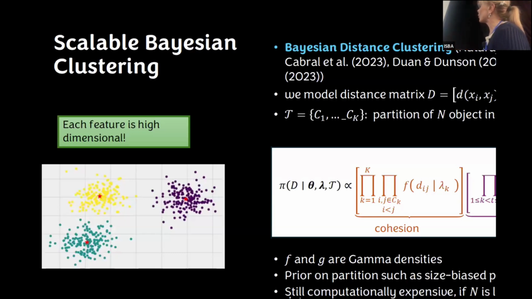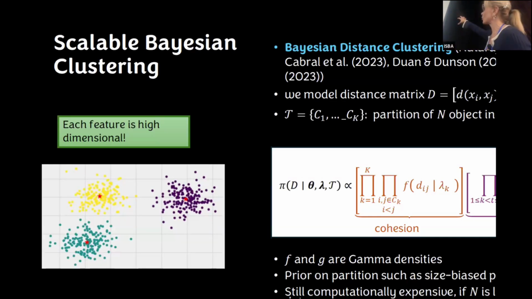So what we did is basically to model the distances by specifying a likelihood for the distances that contains two different terms. The first term, which we call cohesion, which is the red bit, models the distances within the same cluster. And so you have basically a mixture model over there for the distances within each cluster. Then you have a second term here, repulsion, which models the distances across clusters.